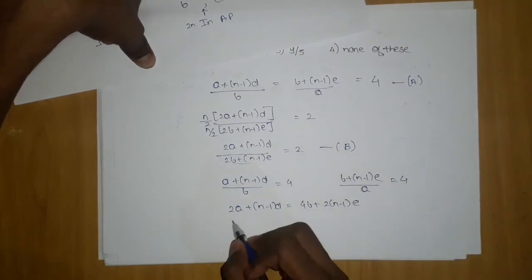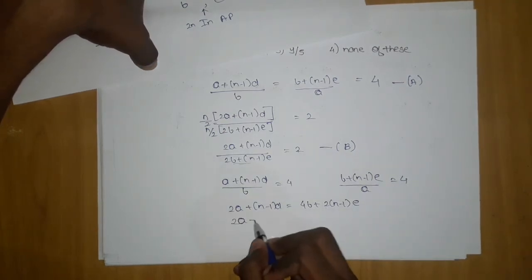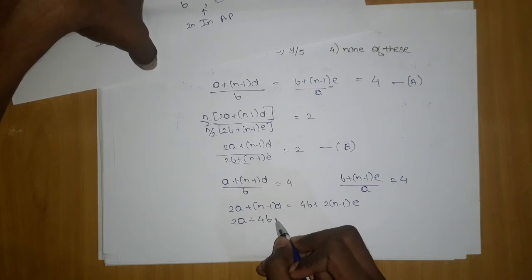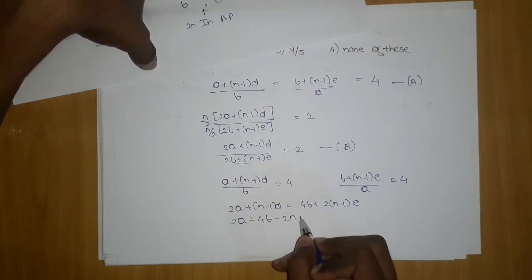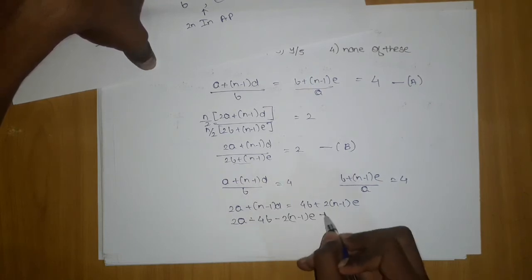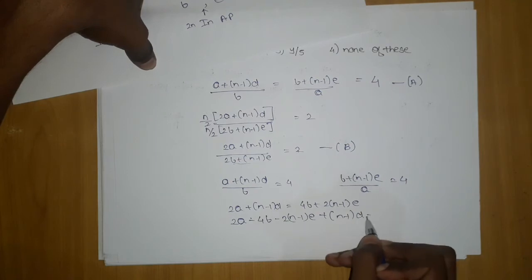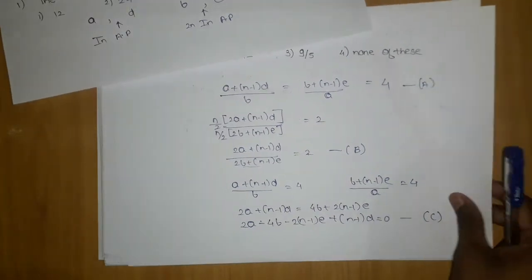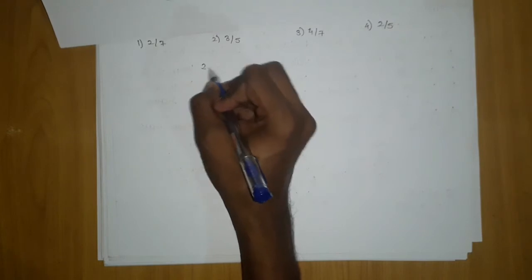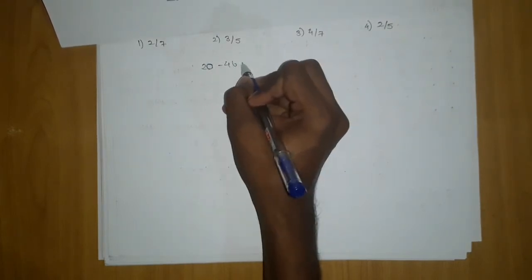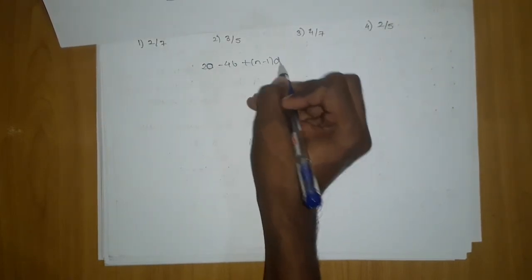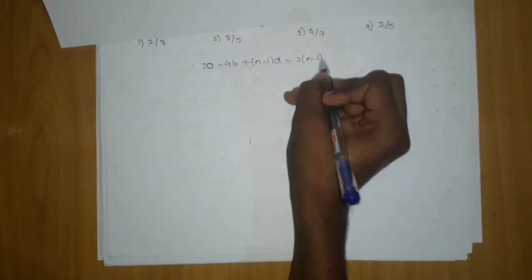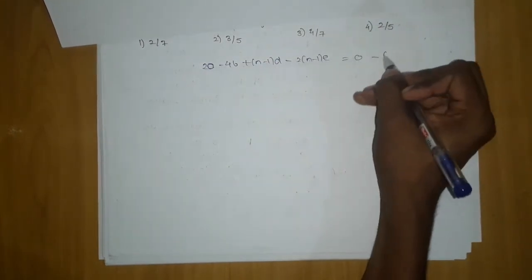I will move it to that side, which gives me 2a minus 4b plus (n minus 1) into d minus 2(n minus 1) into e equals 0. So this is my c equation.